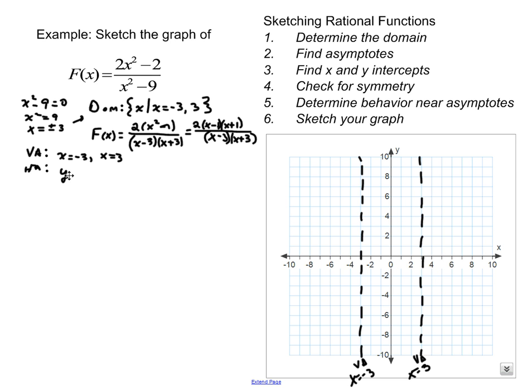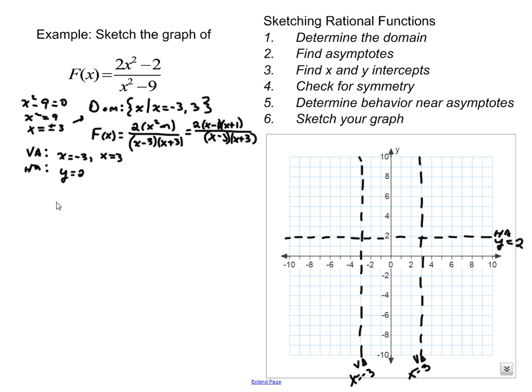In this case, that's the line y equals 2. Well, 2 over 1, but that's 2. So I'm going to draw my horizontal asymptote along the line y equals 2, going left to right. So I've got a horizontal asymptote at y equals 2.